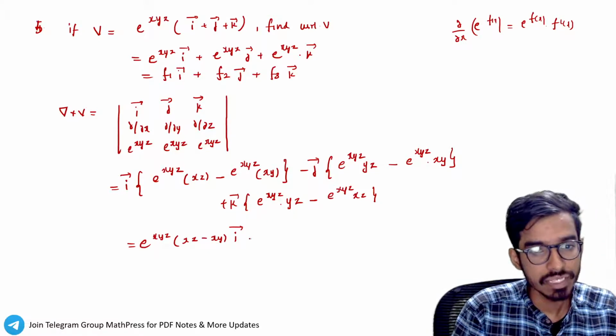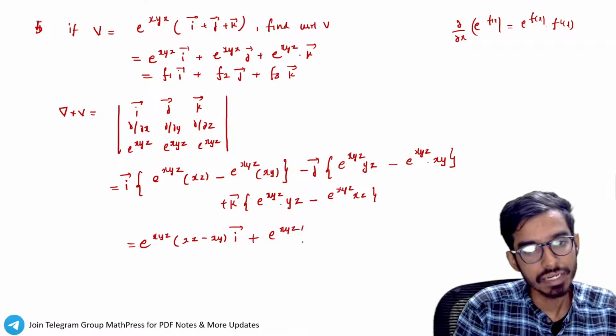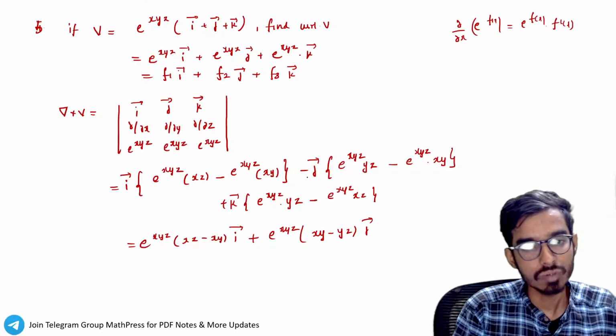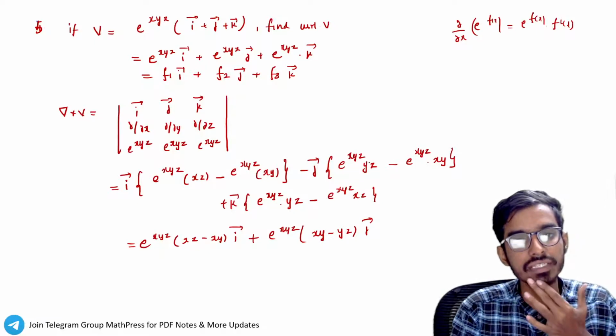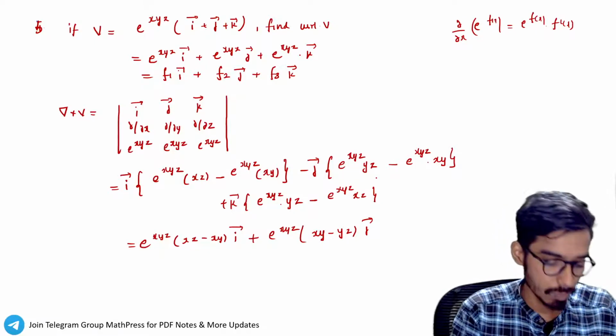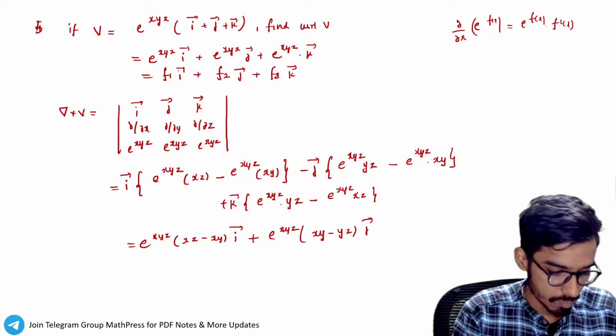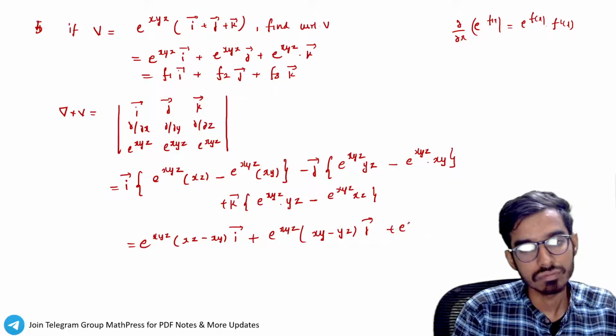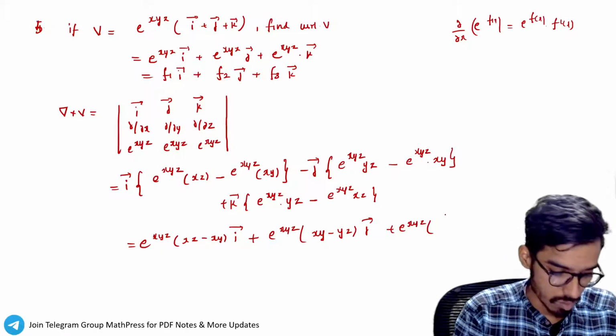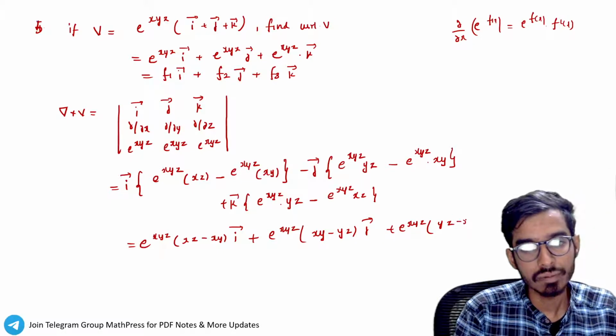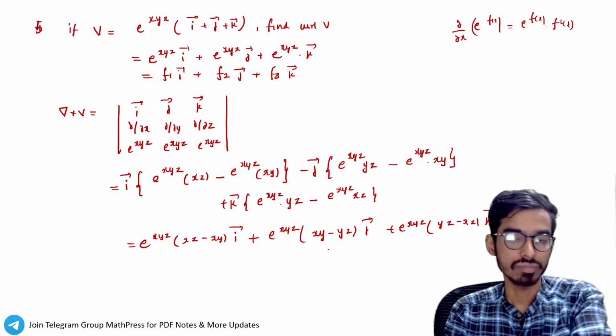What I'm doing is just taking this as plus e power xyz and rearranging these two terms, xy minus yz into j vector. I'm just interchanging this term, and multiplying minus minus will be plus, plus e power xyz into yz minus xz k vector. This is the curl of the given vector.